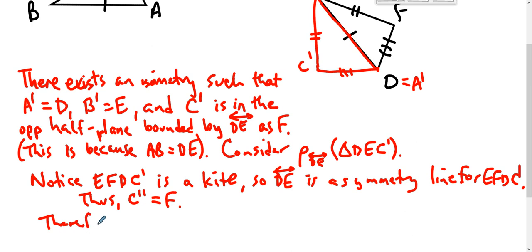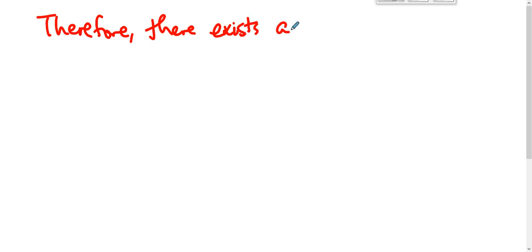Therefore, there exists an isometry. Remember, a composition of isometries is an isometry.